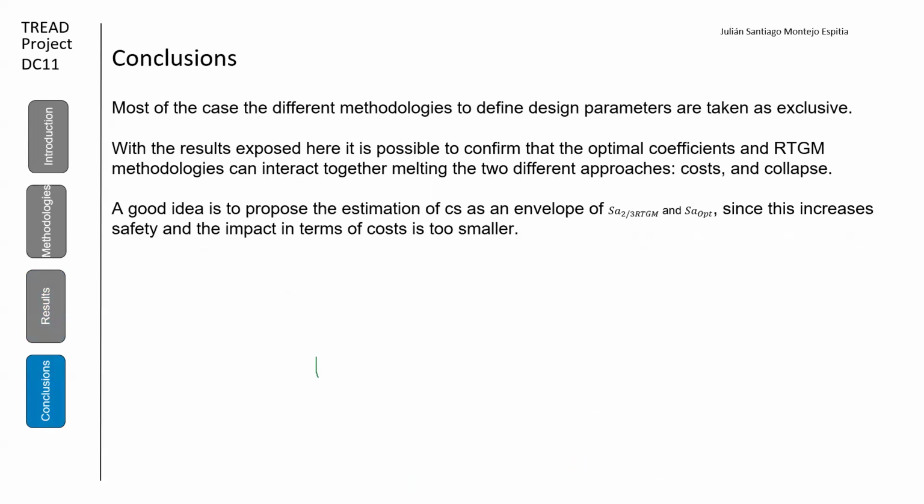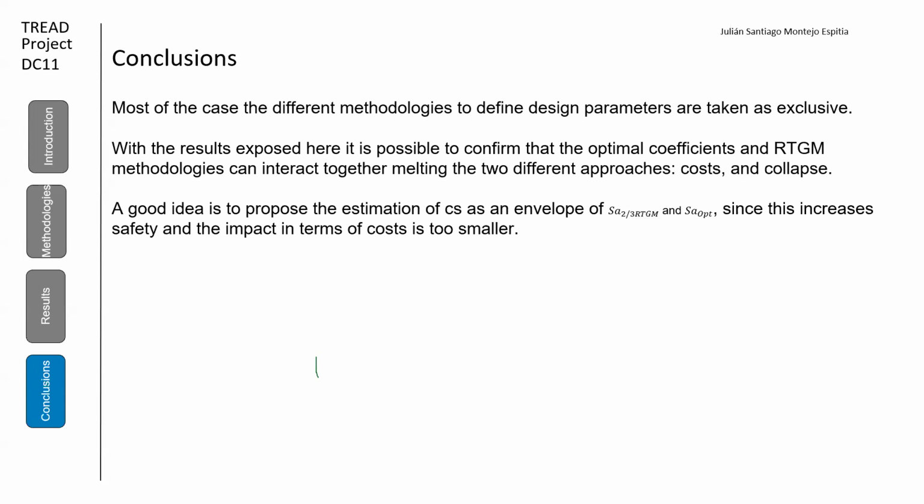So in general conclusions, as you saw, we got really different results in terms of probability of collapse, but the total cost were very stable, we can say. So we think that maybe the methodologies are not exclusive and we can use them as different conditions.